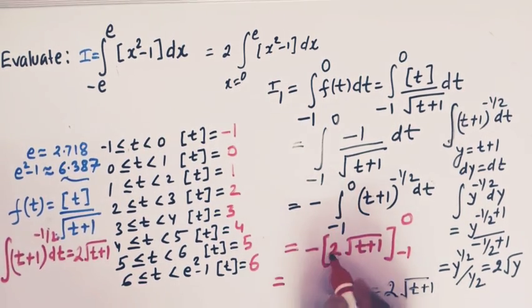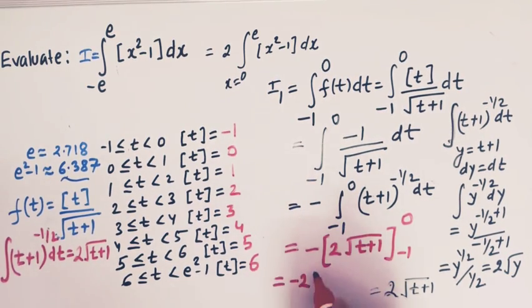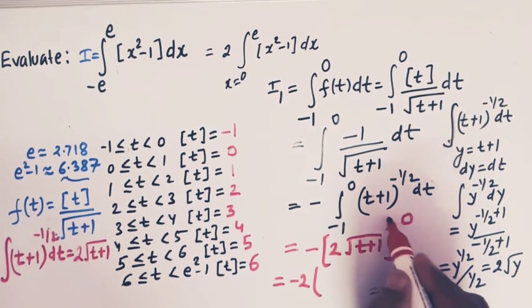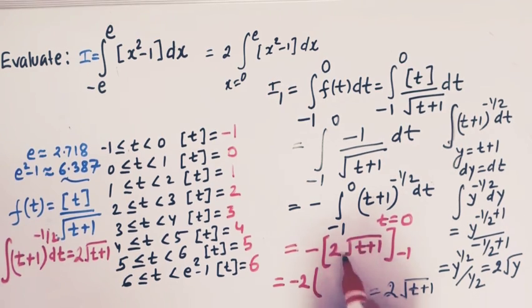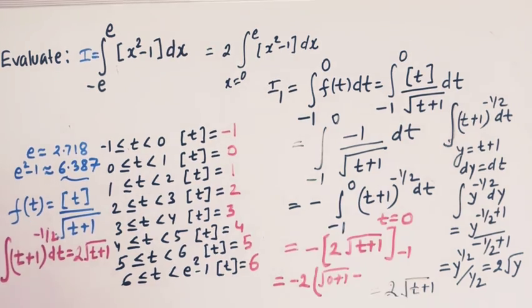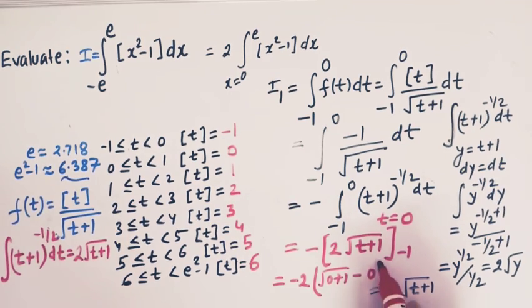So now here we can take 2 outside, so here we have -2, and first we will substitute the value of t as 0. So here we'll have 0 times square root of 0 plus 1 minus, and if we substitute -1 here, we'll have 0.